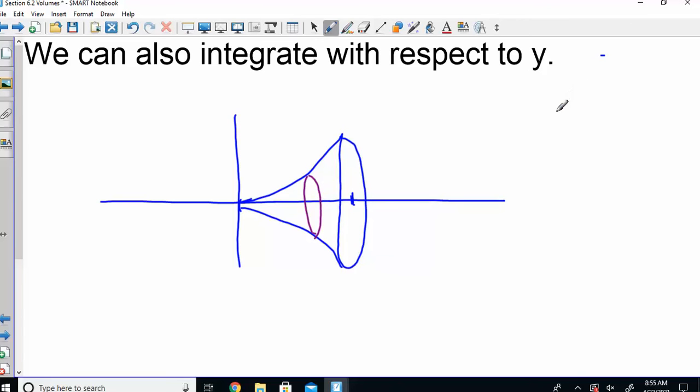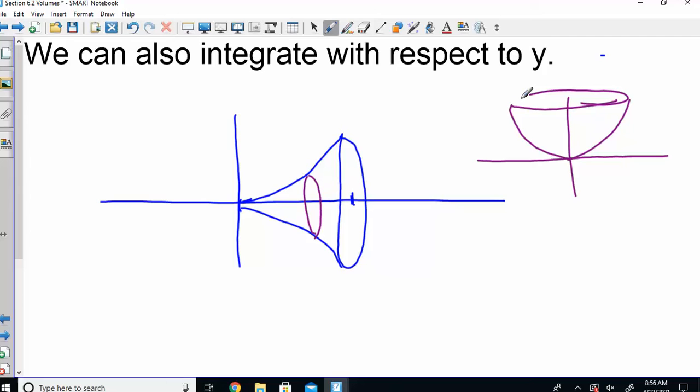So if I wanted to do it with respect to y, we do that when, let's say I'd taken that same curve, but I rotated it around the y-axis. And so then I get something, this has a clearly defined height, but my x is different each place along that.